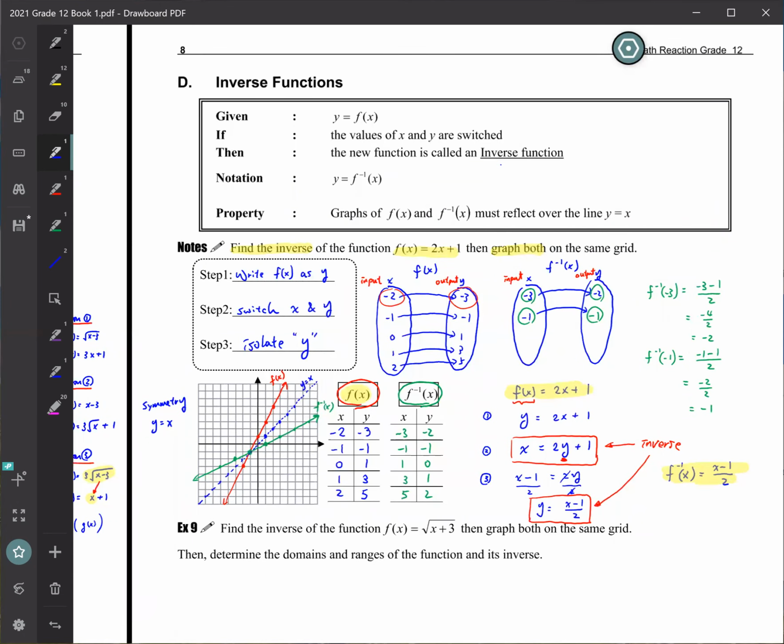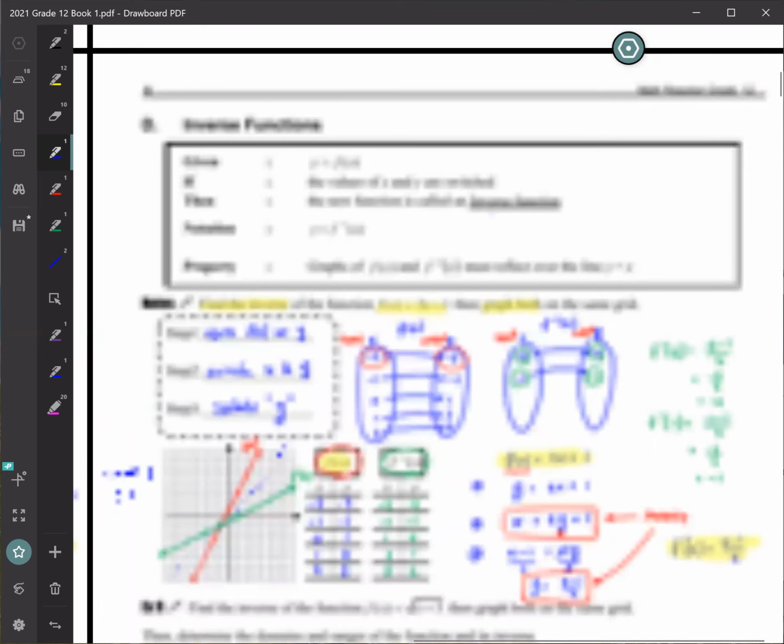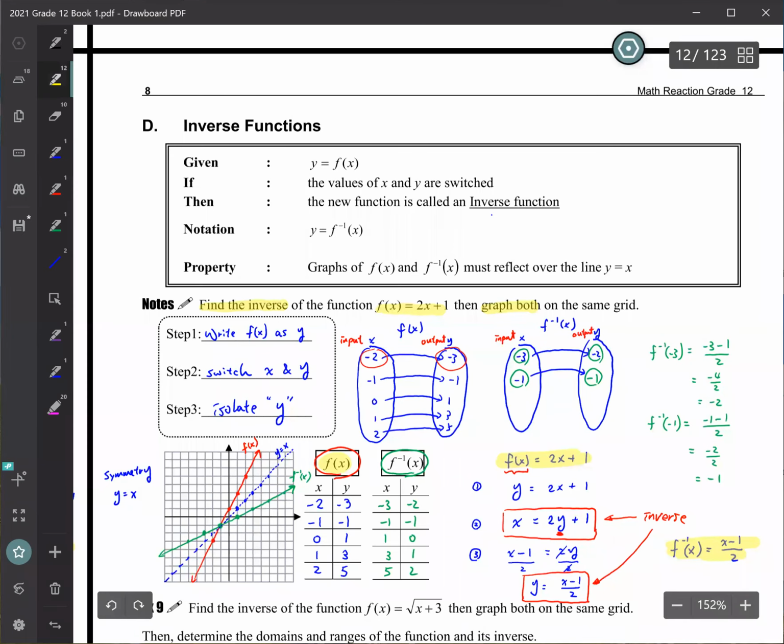Now if you go back and look at the box on the top, it should make more sense. Let's read that through again. Given y equals f of x, this one is the original, right? I give you an original function.